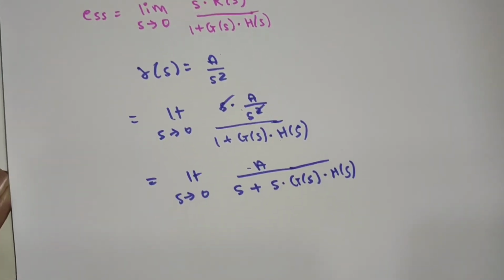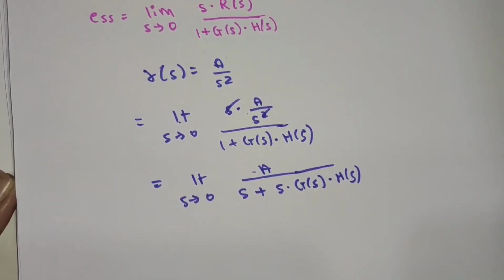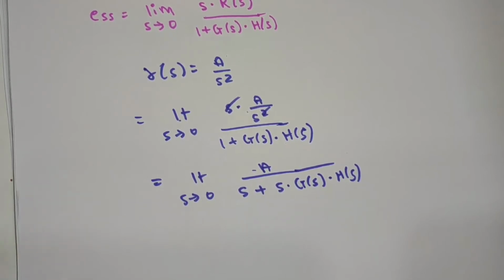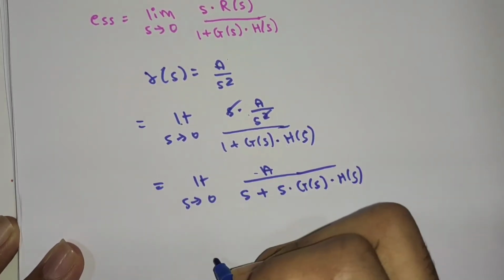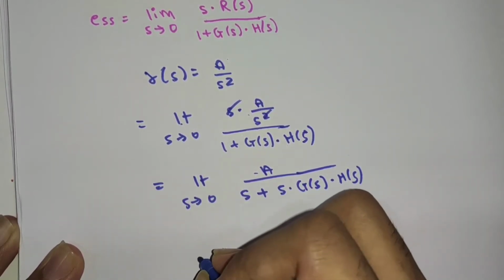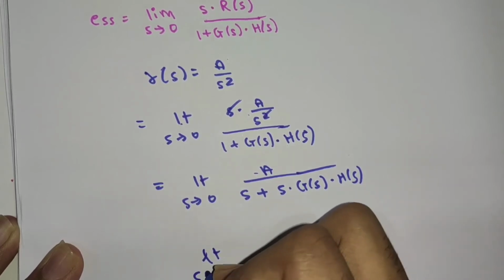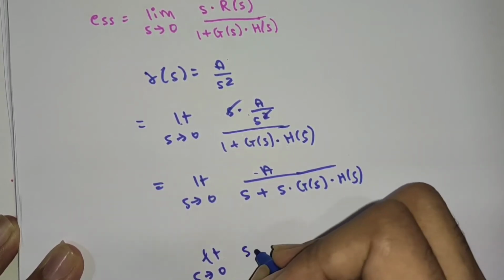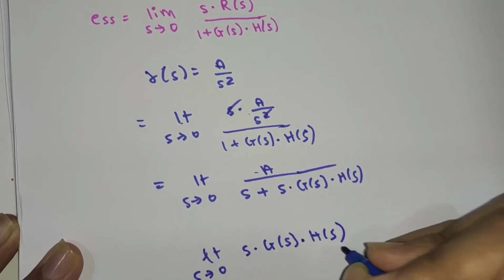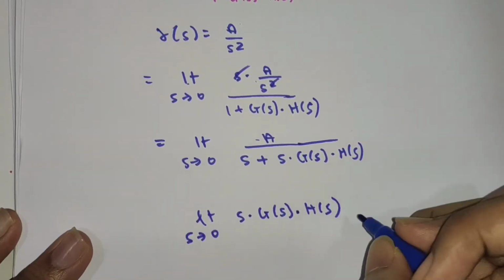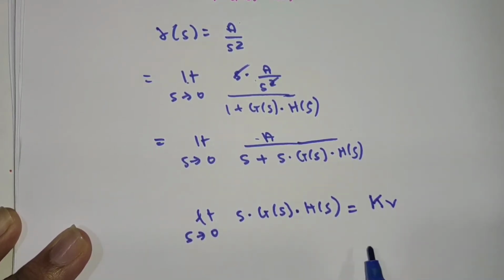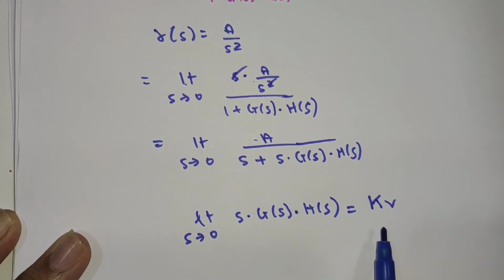And now I am going to introduce you to another term, which is called the velocity error coefficient. What is the velocity error coefficient? The velocity error coefficient is this limit S tends to 0 of S into G(s) into H(s). This can be written as KV, and this KV term is the velocity error coefficient.